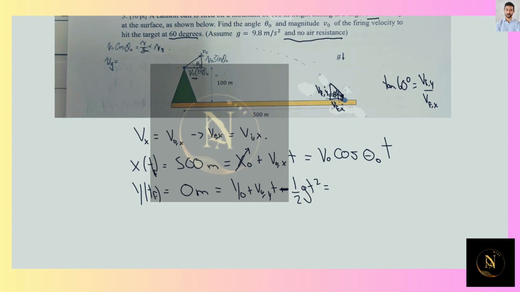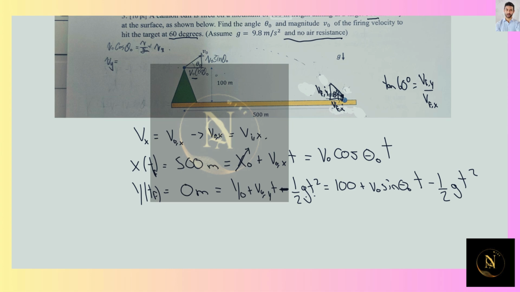So over here, what we're going to get is 100 plus v0 sine of theta 0 times t minus 1/2 of gravity times t squared.